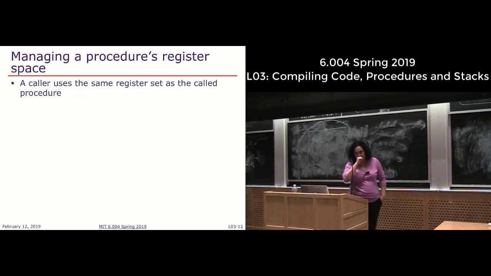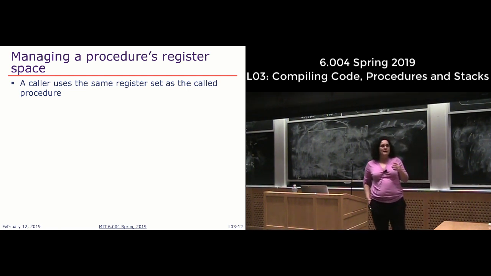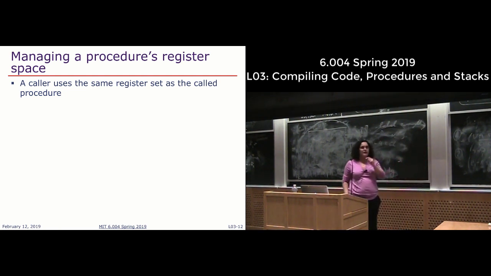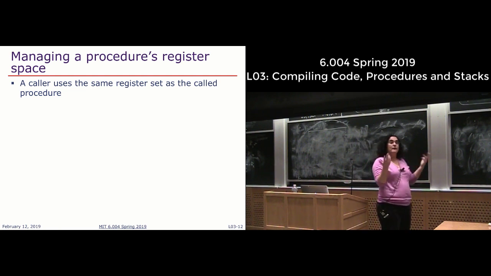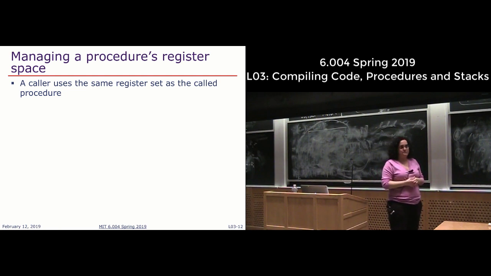All right, so let's start thinking about some of the details of these problems that came up and ideas that we need to resolve in order to actually implement our procedures in assembly. So the first thing is that we need to have a way of specifying our arguments as well as our return values, okay?